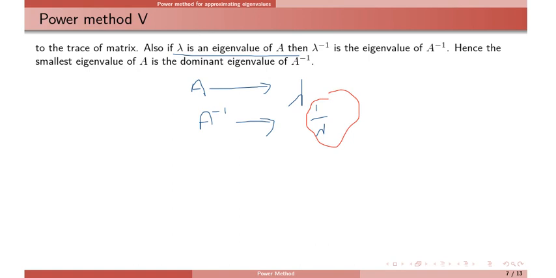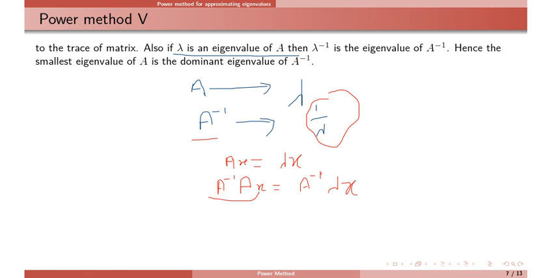So how does this work? Since you have Ax equal to lambda x, pre-multiply A inverse on both sides. So A inverse A equal to A inverse lambda x. So this will be the identity matrix.